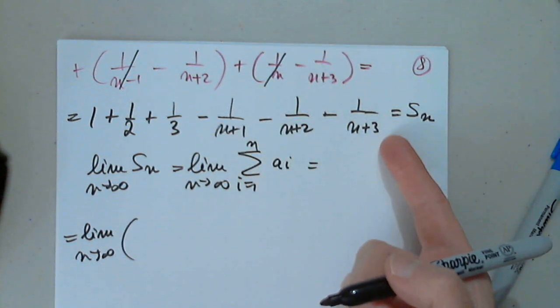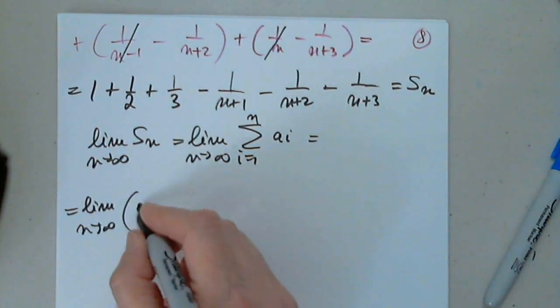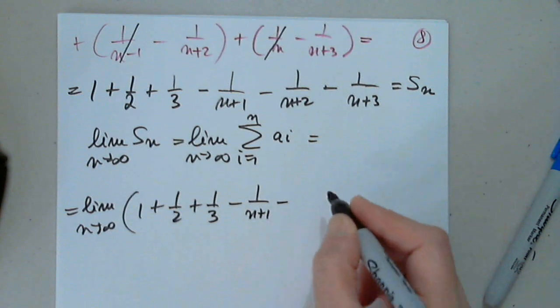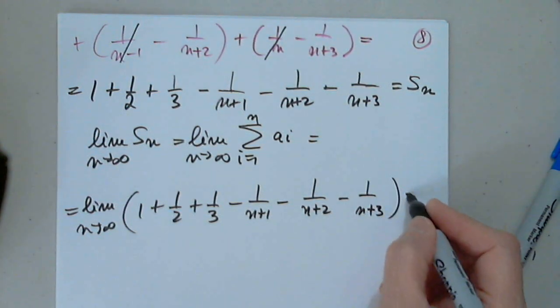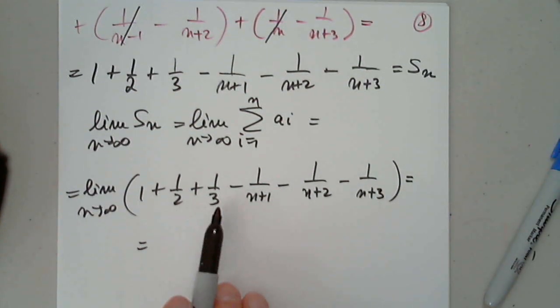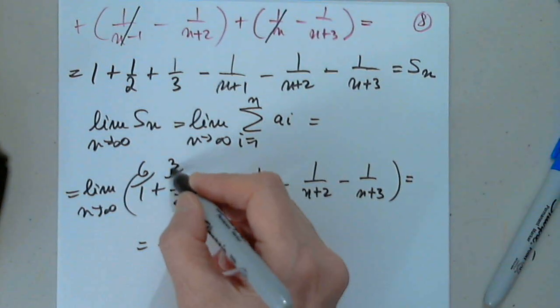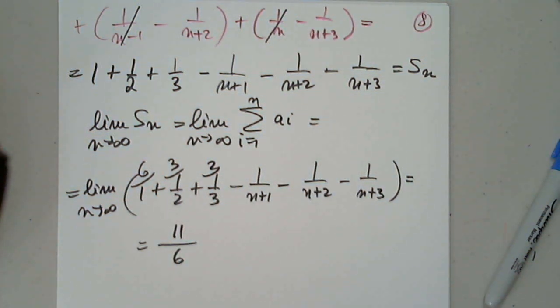These three terms obviously will go to 0, so we only have this. I'm going to write it one more time. 1 plus 1/2 plus 1/3 minus 1 over n plus 1 minus 1 over n plus 2 minus 1 over n plus 3. And the answer will be, so the least common denominator is 6, a 6, a 3, and a 2. So that's 11 divided by 6.